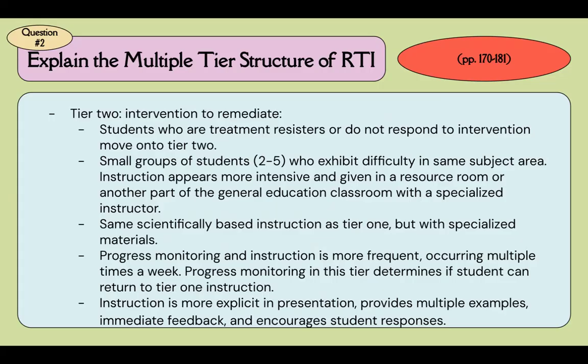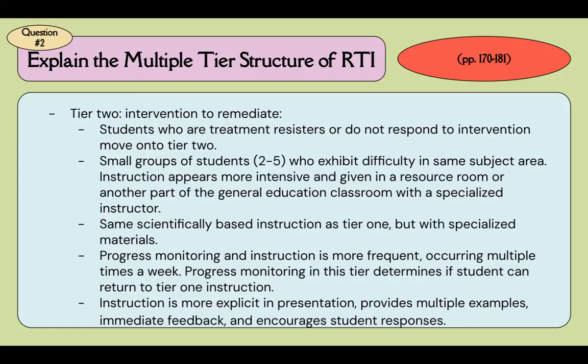Any student who is a treatment resistor or who does not respond to intervention moves on to tier two. There, it takes place in small groups of students who exhibit difficulty in the same subject area, and instruction appears more intensive. It's given in a resource room or another part of the general education classroom with a specialized instructor.